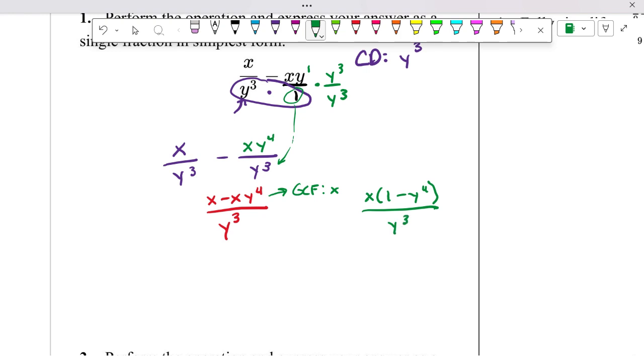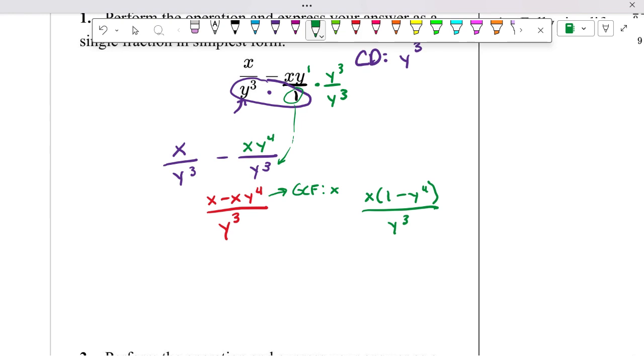Technically, we can factor 1 minus y to the fourth again because it's a difference of squares, but if we look, we're not going to at any point get y cubed, or any y's, outside of anything that's not connected by a plus or minus. So do you think just from here I can simplify anything? Cross anything, I mean.